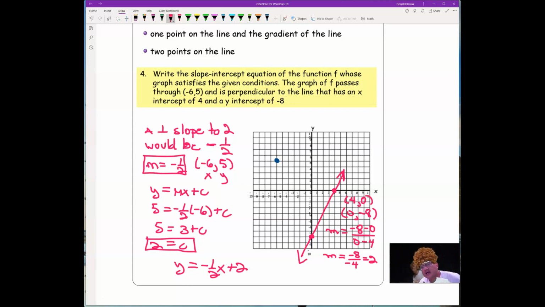So this line goes through 2, and it has a slope of 1 down, 2 right, 1 down, 2 right, 1 down, 2 right. And it would look something like this.